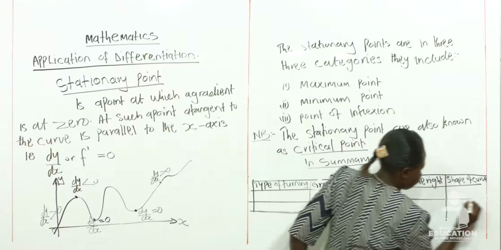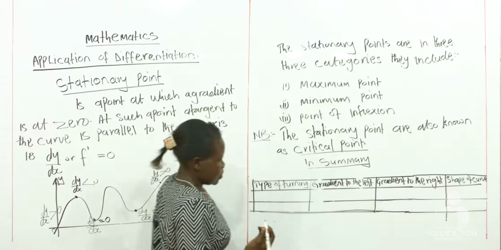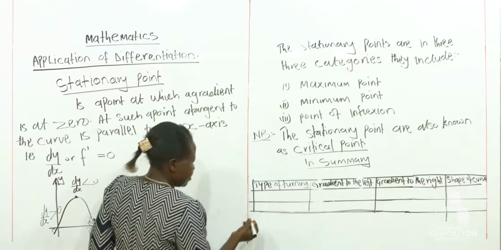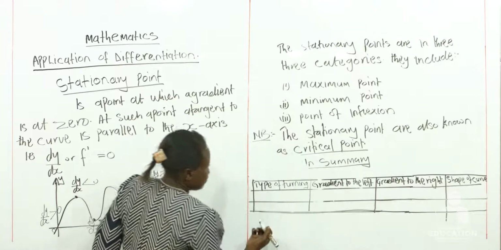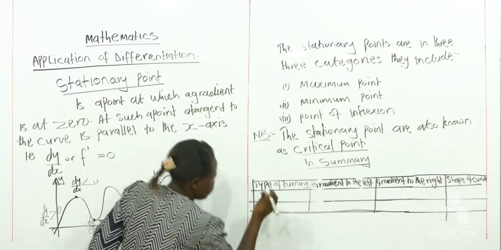So what happened here, we have three types or categories of turning points.